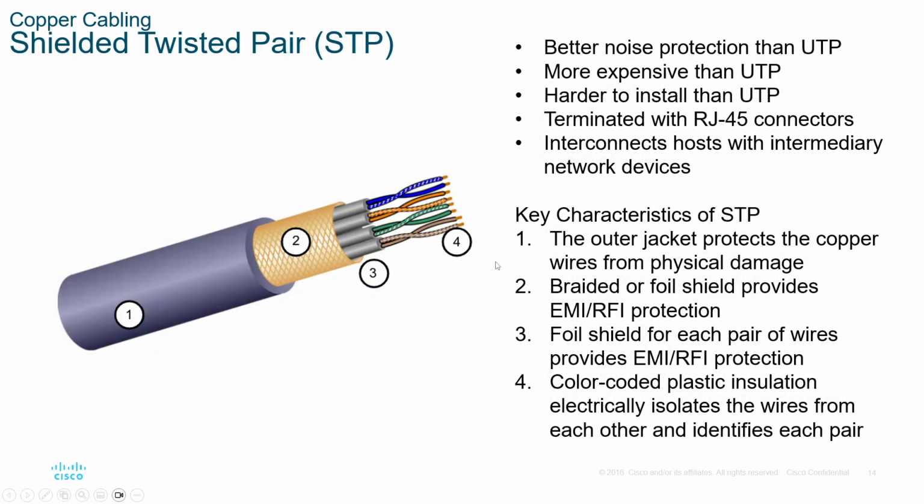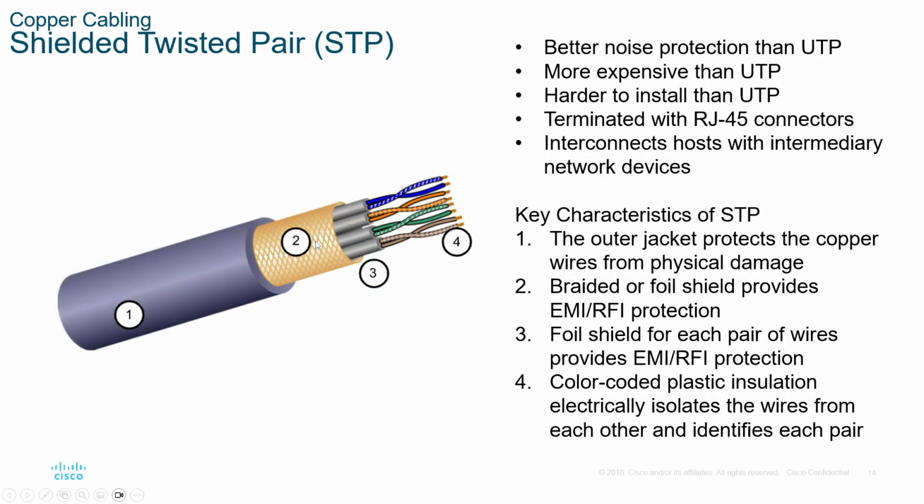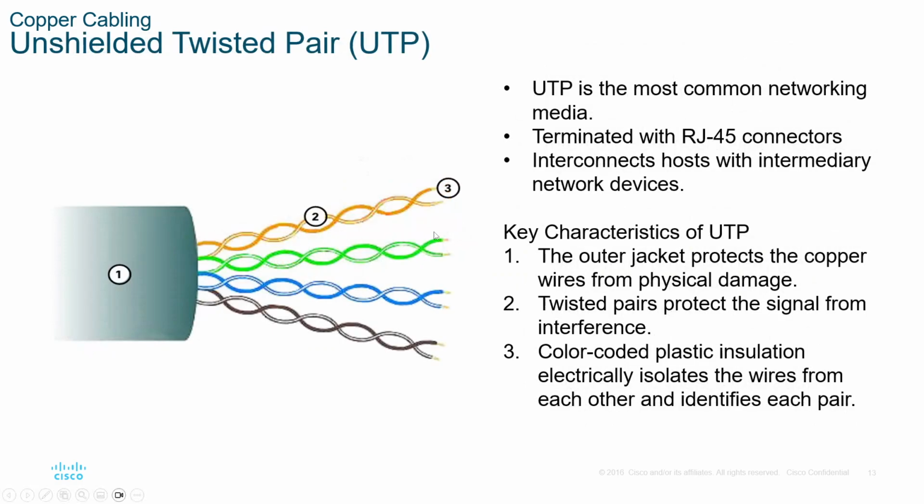If you look at the twisted pair, there's no shield. Shielded twisted pair has this shield. Okay? It protects the cable from outside interference. Shielded twisted pair is more expensive than unshielded twisted pair, like this one.